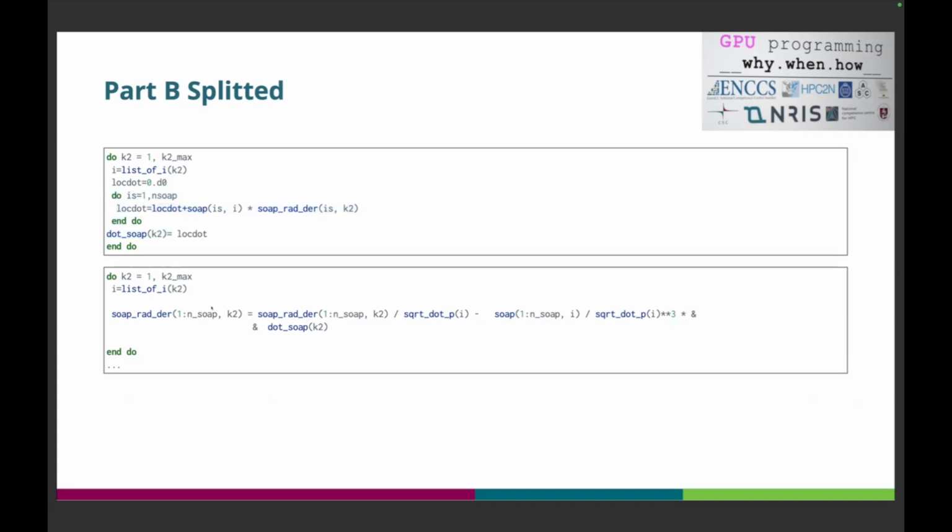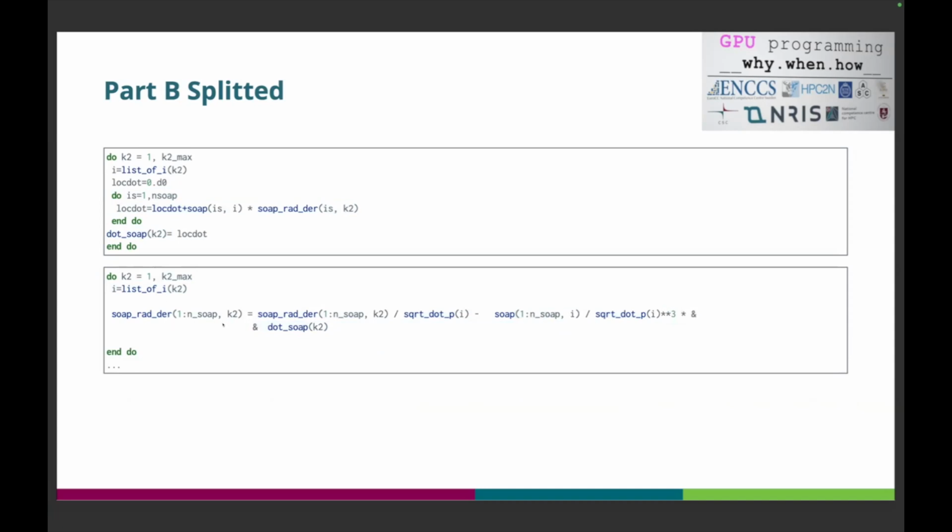And when you save it here, and now that we have this value dot soap saved into the memory, we can now go back to our original calculation that we did there and just put this matrix here. And now we see that this loop gets a little bit more simplified.